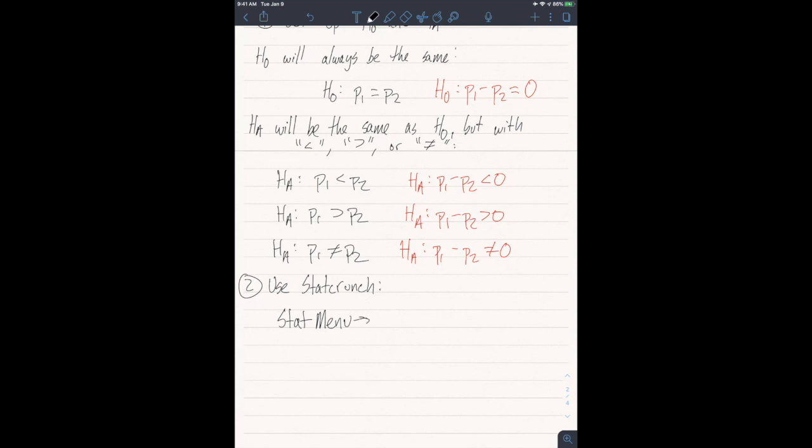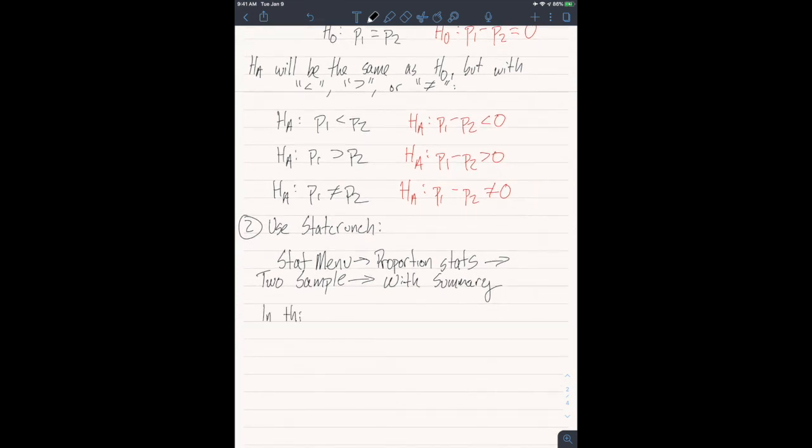After you go into the Stat menu, you go down to Proportion Stats. After you click on Proportion Stats, it brings up another menu. You will choose Two Sample. After you choose Two Sample, you have to choose With Summary. And that'll bring up the menu we need.